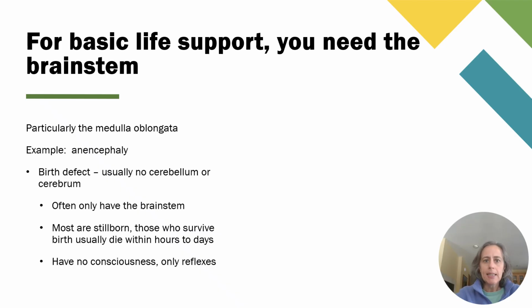So one example of folks who can live without much of a brain except for a brainstem is a birth defect called anencephaly. So this is a situation where, due to a number of different potential causes, the Zika virus being one of them, interestingly, if a pregnant person is infected with Zika virus at a certain point in their pregnancy, this can occur.